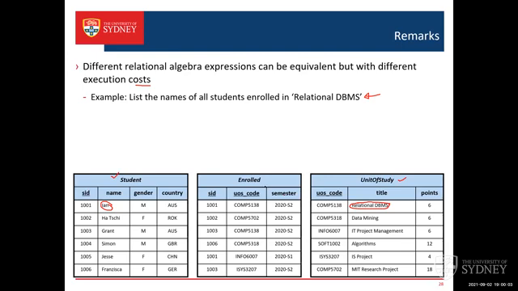Why do I need enrolled? Because you are saying 3, I need to know why you think I need enrolled as well. Any reasoning? Someone wrote: to connect, because they are related by enrolled, because SID and code are in the enrolled table.